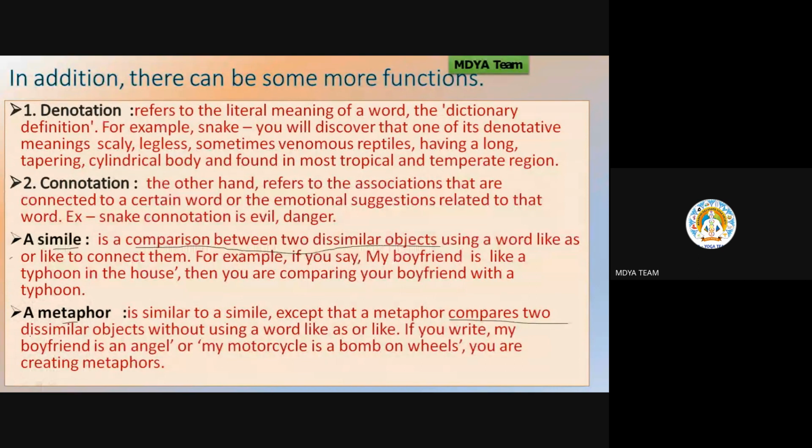The difference between simile and metaphor is that in simile we use words like as or like to connect them. And in metaphor, we do not use the words like or as.